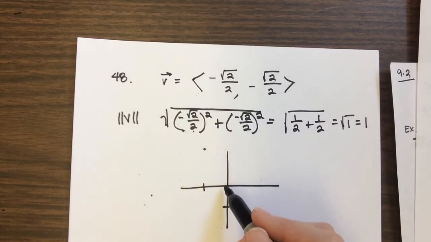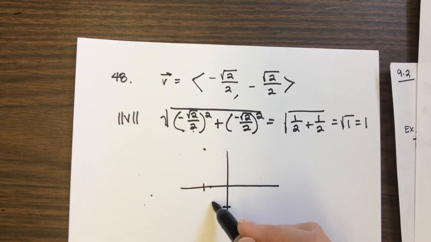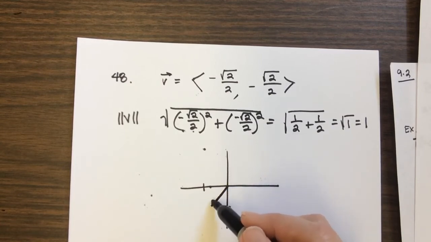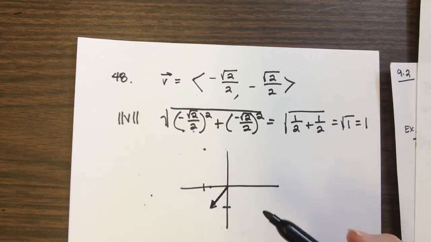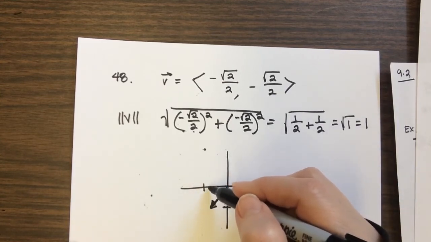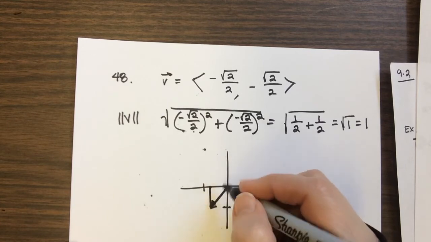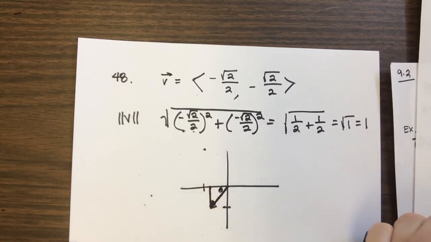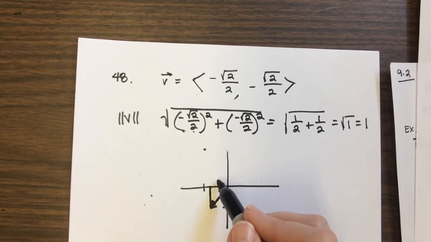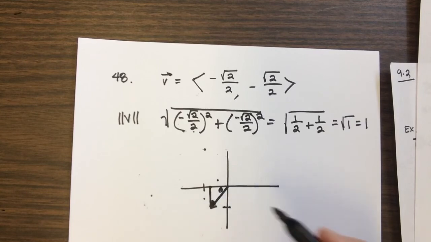So I'm going negative about 0.7 over and down about 0.7. I'm looking at this right here, and I want to know the direction. So I'm looking for theta.